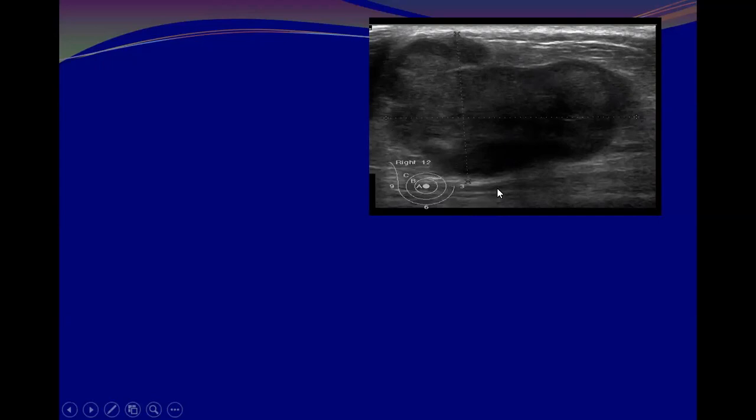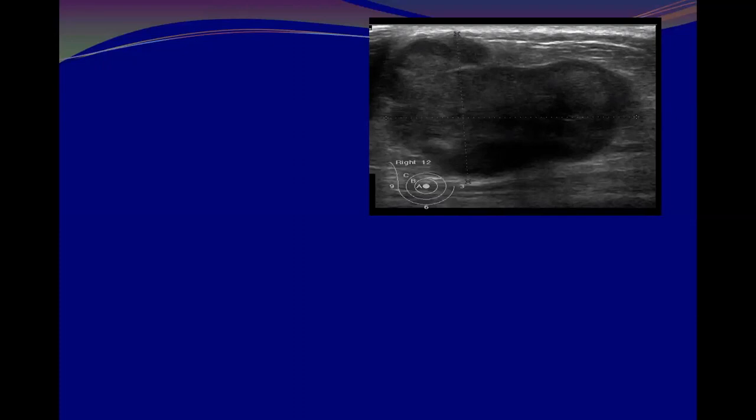What is your impression about these lesions? Since you have seen it, what could it be? This large lesion. Is it a cancer or fibroadenoma? For me, it is not a fibroadenoma. Why?